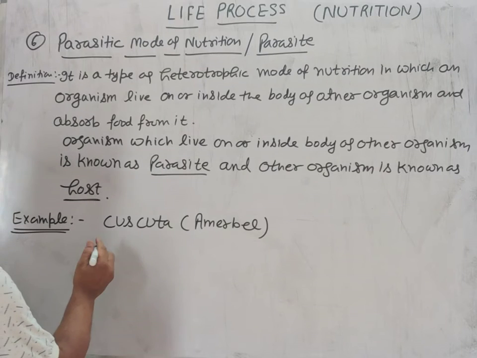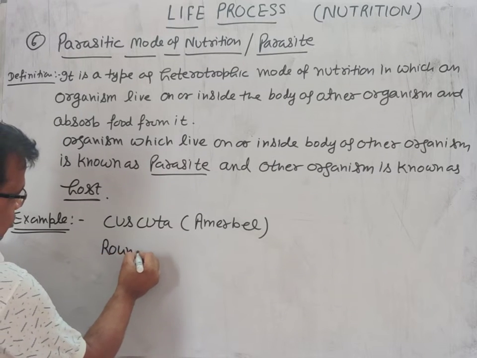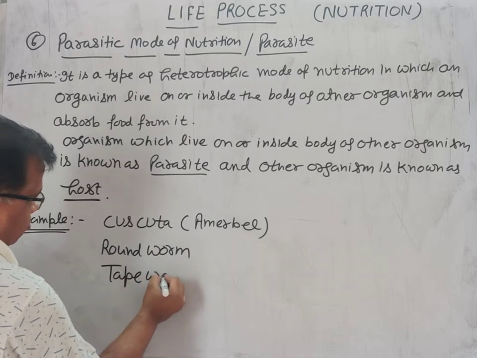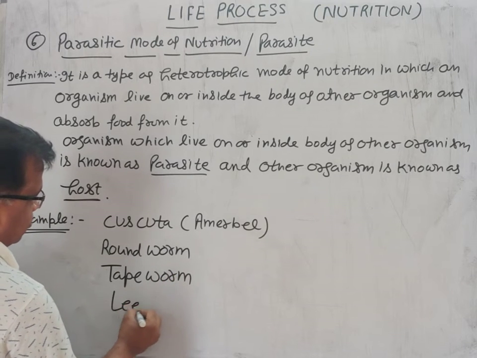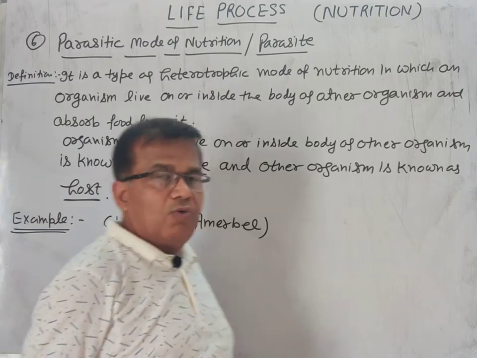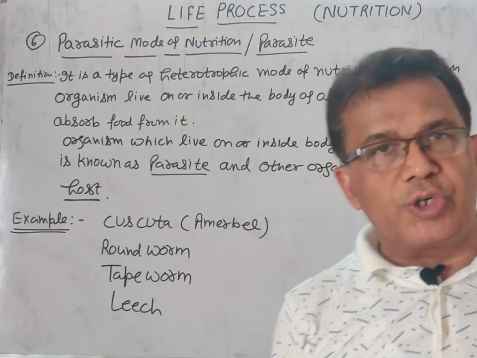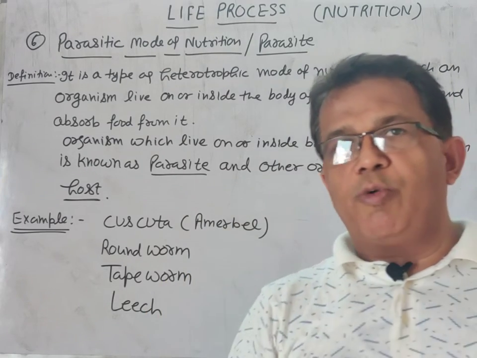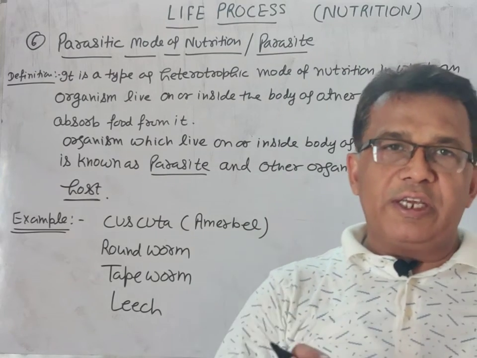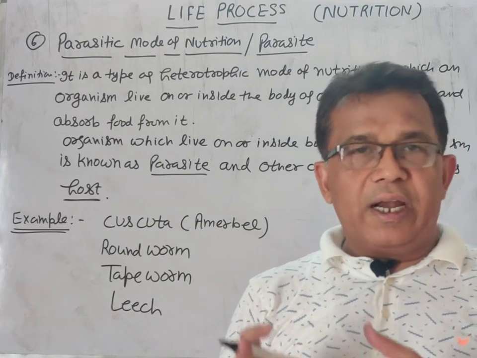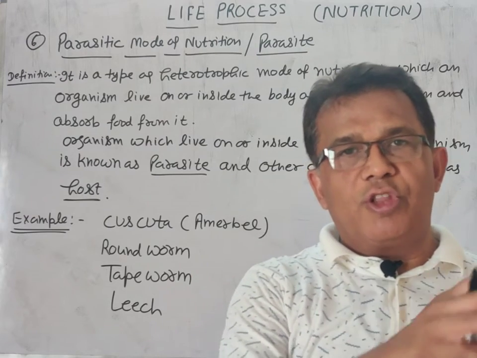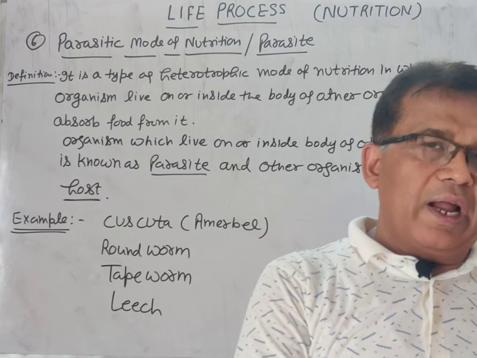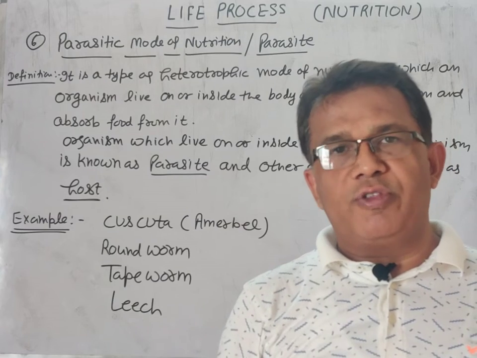Kaskuta is a plant parasite, and others may be roundworm, tapeworm, leech, etc. So the organism which lives on the body is known as a parasite, and the organism inside which or on the body of which this parasite lives is known as the host. The host provides the food and the parasite takes or absorbs the food.